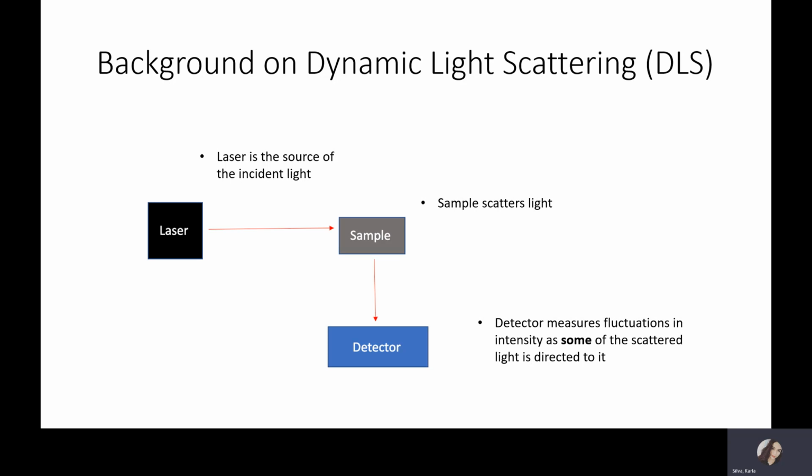We set this detector here, mine is at 90 degrees, and this detector then measures the fluctuations in intensity, and using some software and some programming, it then gives the diameter of whatever particle is inside the sample. So if there are multiple particles, it'll give multiple diameters.